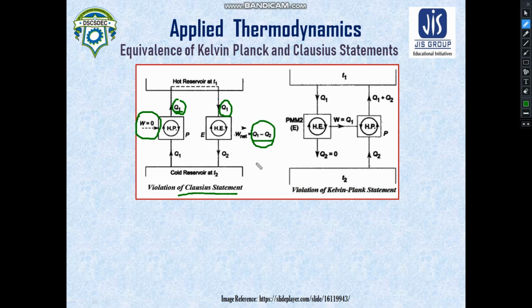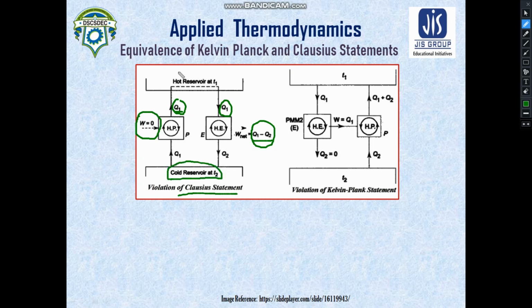Now, if you remember the Kelvin Planck statement, it mentioned that no heat engine can produce continuous work if it only interacts with the bodies at a single fixed temperature. So here, this heat engine is only interacting with a single fixed temperature, and that is this cold reservoir.